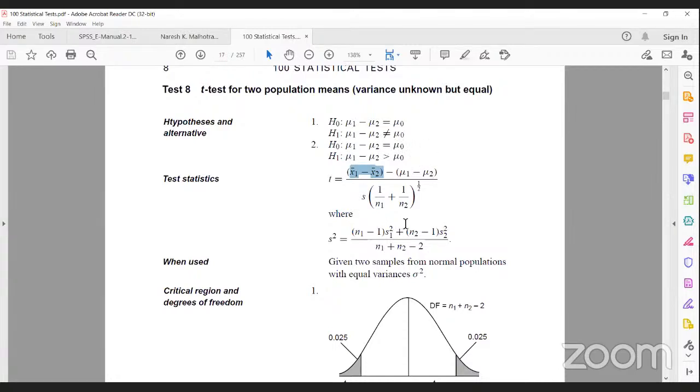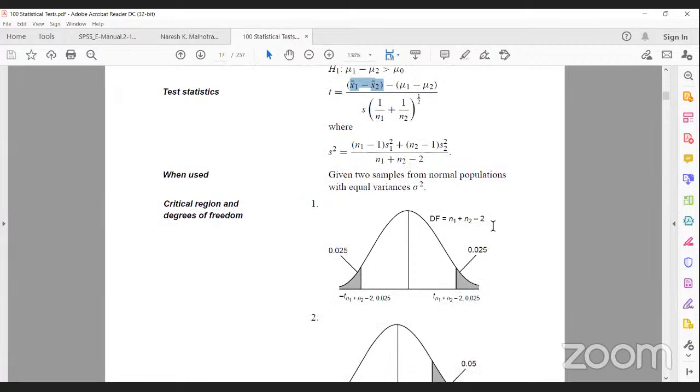This formula refers to the t-test for independent means. The degrees of freedom here is n1 plus n2 minus 2. If you have taken 20 observations, 10 plus 10 minus 2, the degrees of freedom is 18.